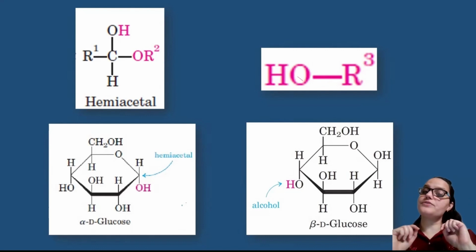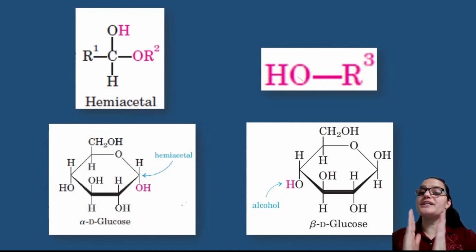But in the case of the monosaccharide which is going to play the role of alcohol here, there is no restriction, any carbon can participate. Carbon number 5 cannot participate because it has no hydroxyl group. All the carbons which have hydroxyl groups, any of them can participate.